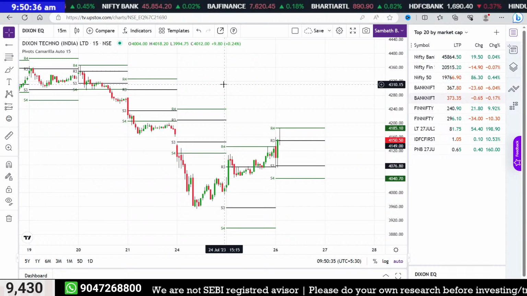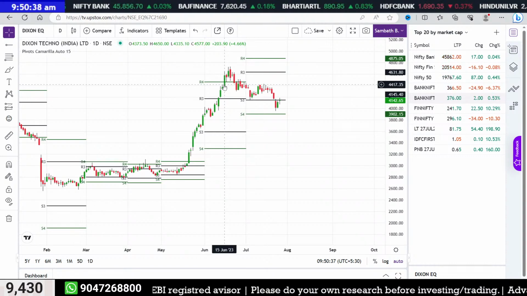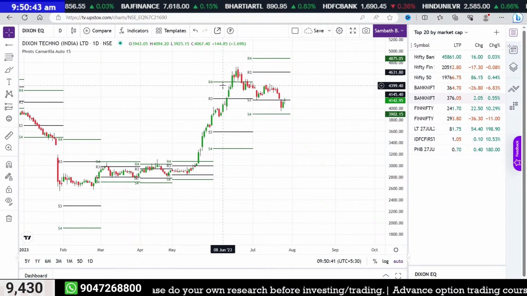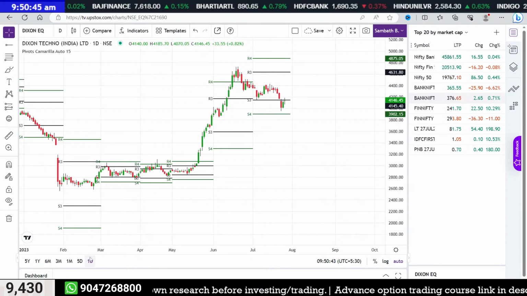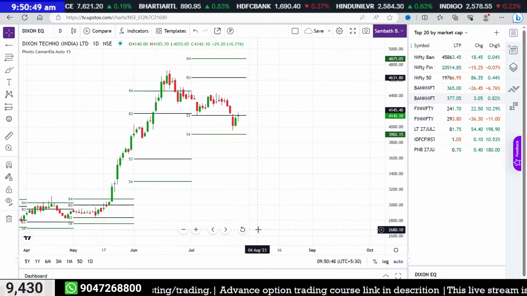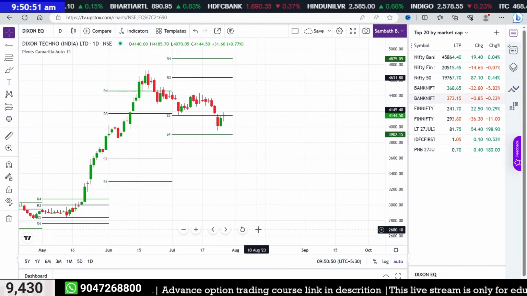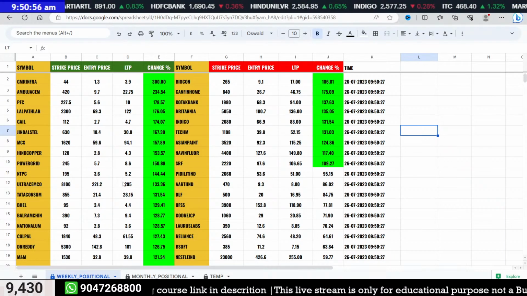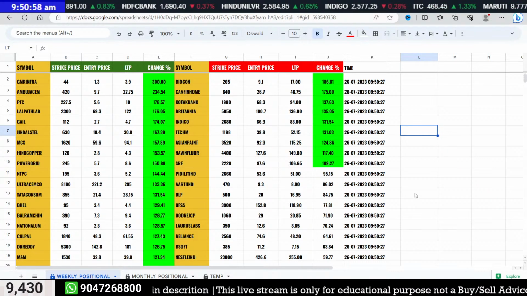In the daily time frame we can look at maybe such a big move which is happening on those. That looks good at the bottom. Is there any strike price on Dixon based on our strategy?